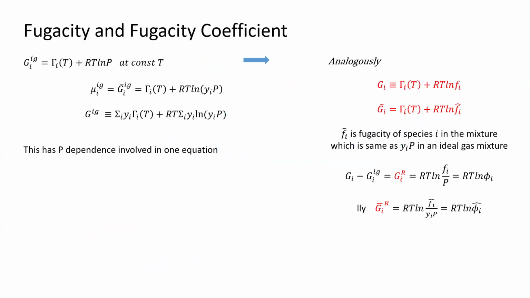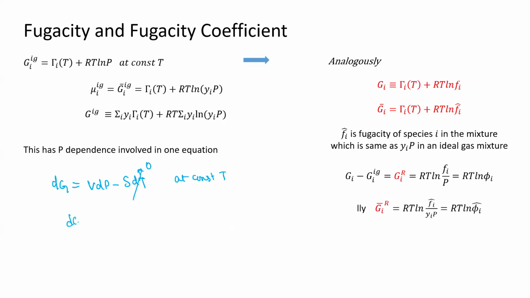Now, the Gibbs energy can be described in a different way also, because we know dG equals V dP minus S dT. At constant temperature, dT is equal to 0.